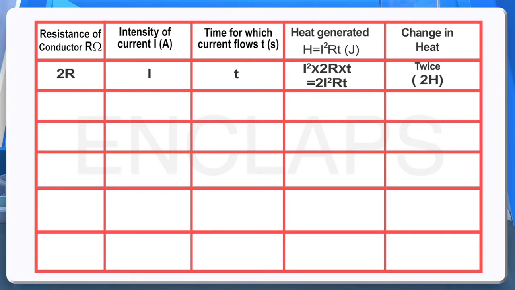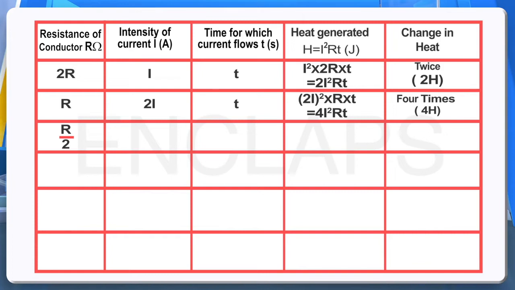The resistance is R, the current flowing through the conductor is 2I and the time taken is T. Then H is equal to 2I the whole square into R into T, that is equal to 4I square RT equals 4H. That means the heat has increased 4 times.